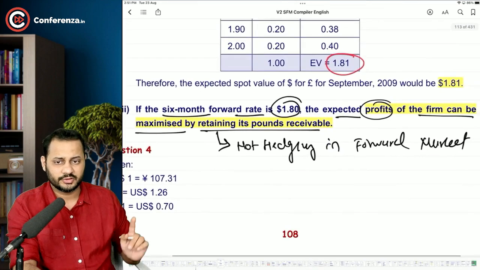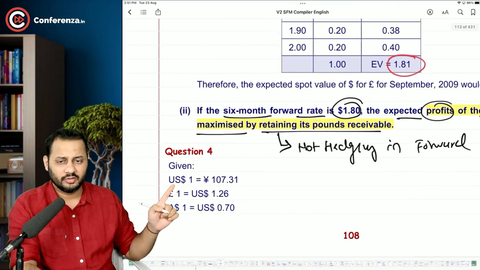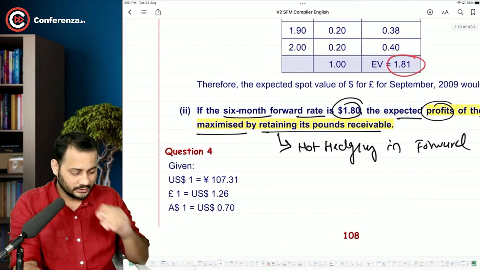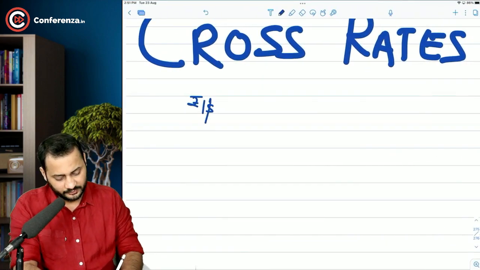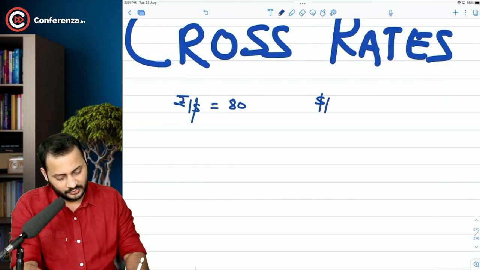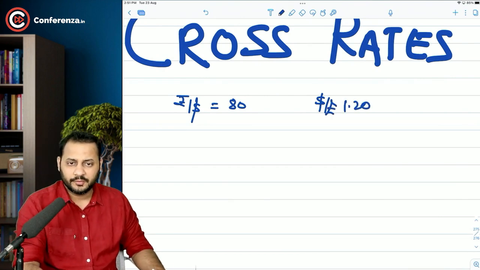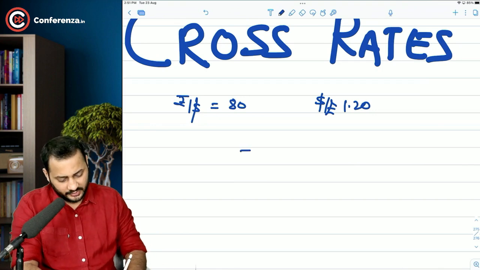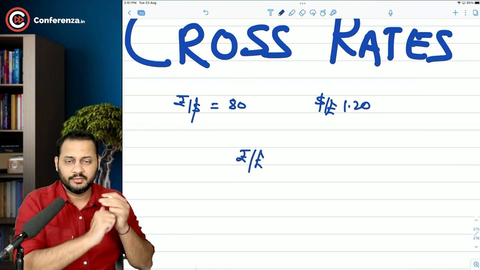The symbols are used. You can clearly see dollar, yen, pound, yen, all that. So if rupees per dollar is 80, and dollar per pound is 1.20, can we calculate a rate of rupees per pound?